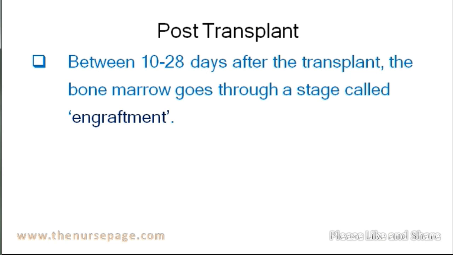After the administration, next stage is the post-transplant stage. In the post-transplant stage, it is between 10 to 28 days after the transplant. The bone marrow goes through a stage called engraftment.